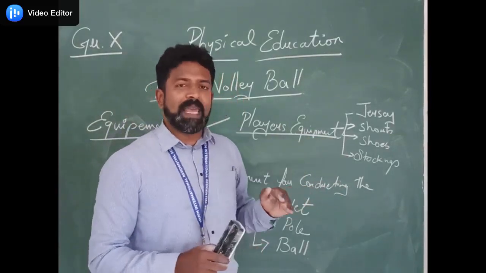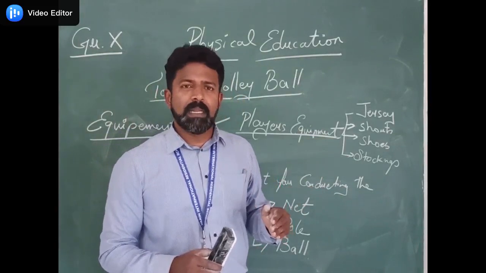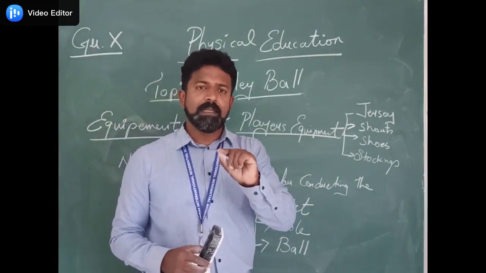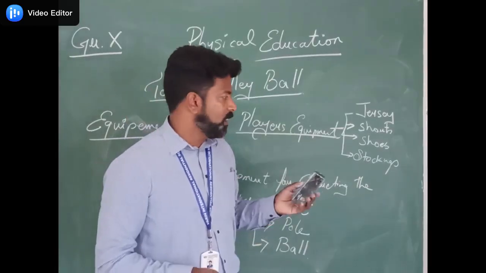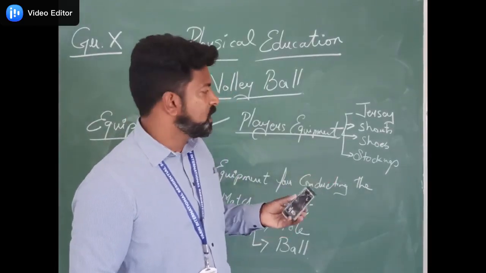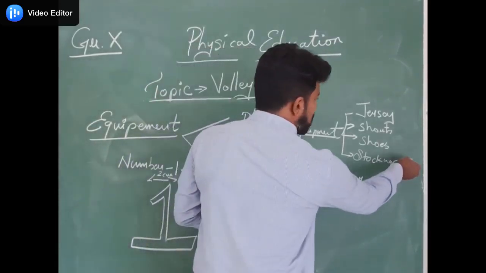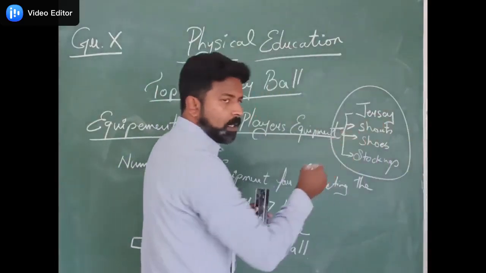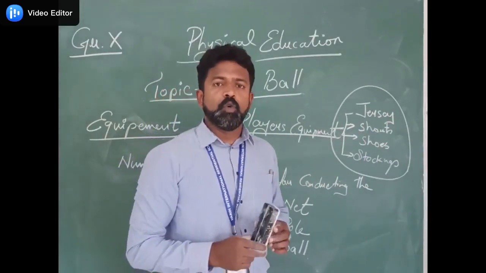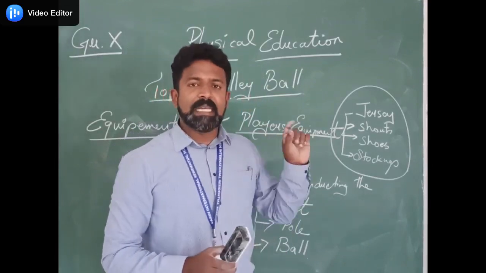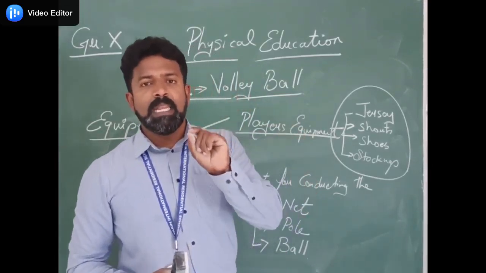The shoe should be flexible, of leather material, but there should not be any heel in the shoe. Then the stockings, which are compulsory. In all these cases, there should be uniformity followed by the entire team except the libero.